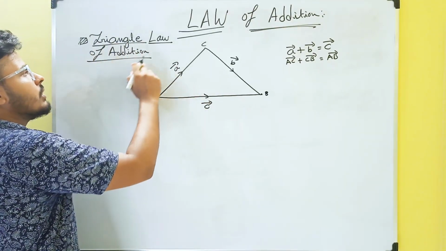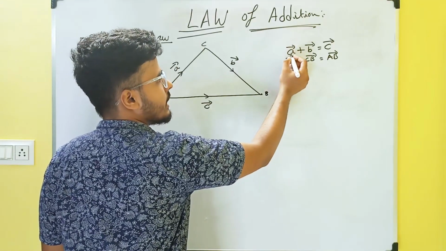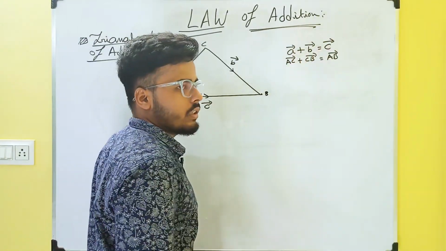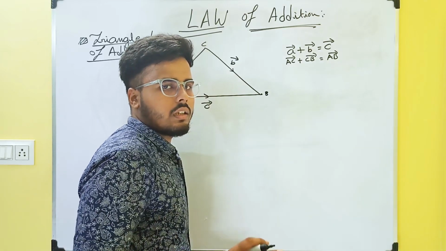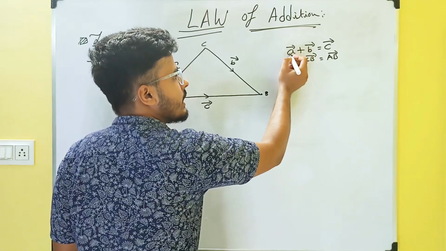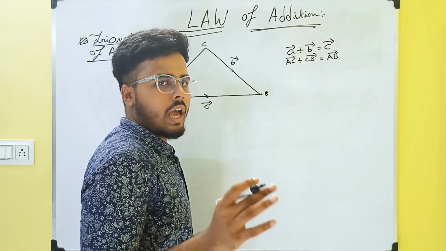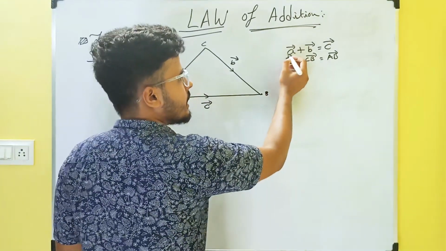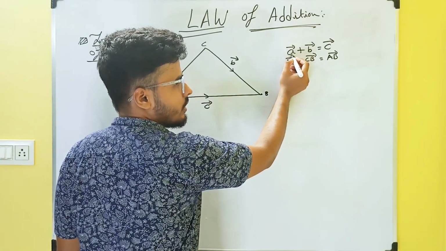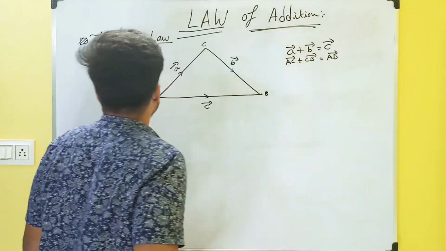For that we have the triangle law of addition, which says that A plus B equals C. But it is not just A plus B equals C. It is vector A plus vector B equals vector C. You have to remember that this is a vector, not its magnitude. Remember that very carefully.